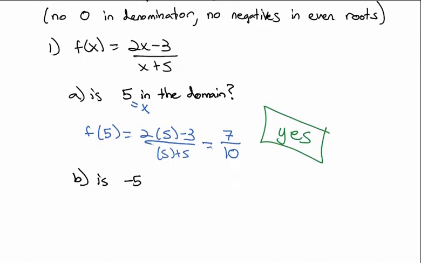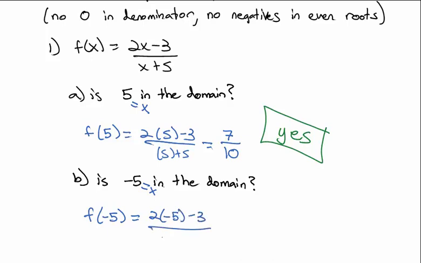Let's look, is negative 5 in the domain? In other words, can negative 5 be an input or an x? Can we find f of negative 5? Well, that would be 2 times negative 5 minus 3 all over negative 5 plus 5. Simplifying, we have 2 times negative 5, which is negative 10, minus 3 is negative 13.